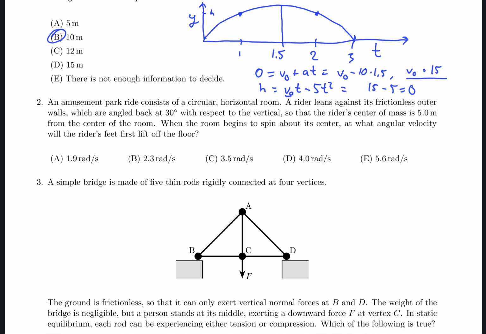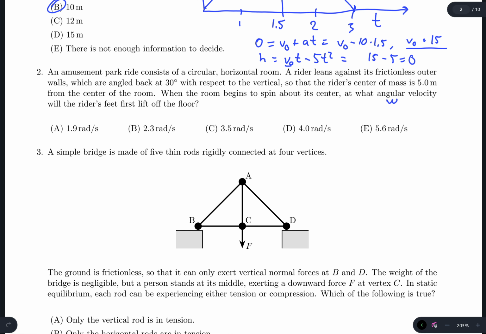Okay, this one's about a circular horizontal room, and we're trying to find the angular velocity, omega, when the rider's feet first lift off the floor. So here, I'll draw the triangle for the room.